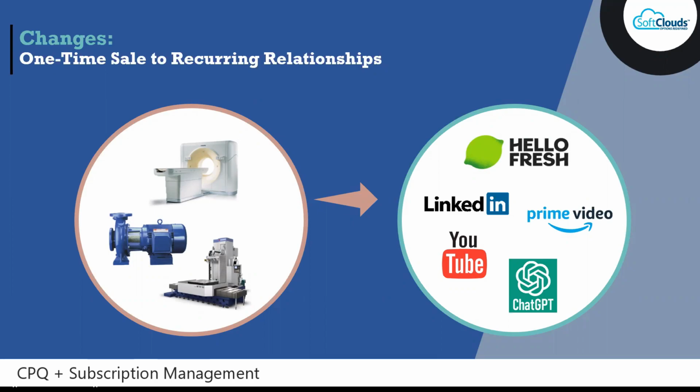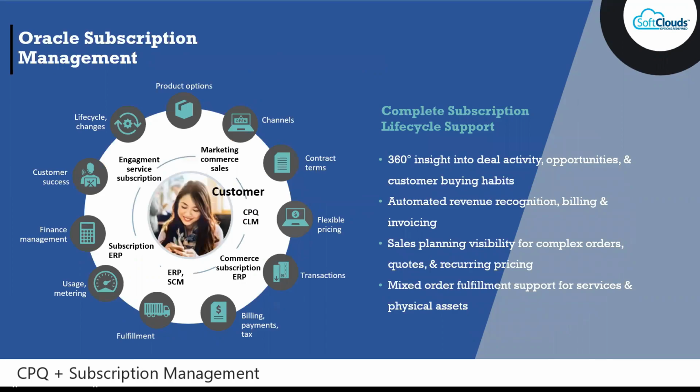One of the ways to talk to companies in terms of subscription management is it's a way to increase the reach of their product or services by moving from a one-time purchase to a recurring subscription process. And so when we look at Oracle Subscription Management, there's a large part of this that takes into account all the different components that can be viewed and managed using the subscription platform.